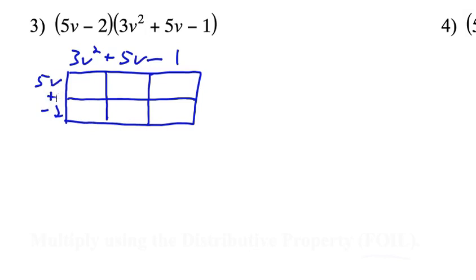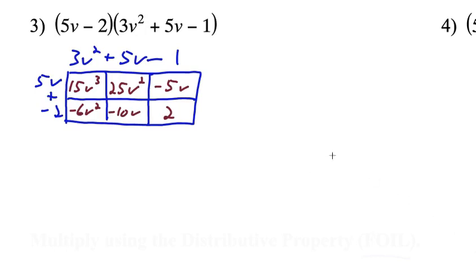We have 5v times 3v squared, and then 5v times 5v, and 5v times negative 1. Along the bottom, negative 2 times 3v squared, negative 2 times 5v, and negative 2 times negative 1.